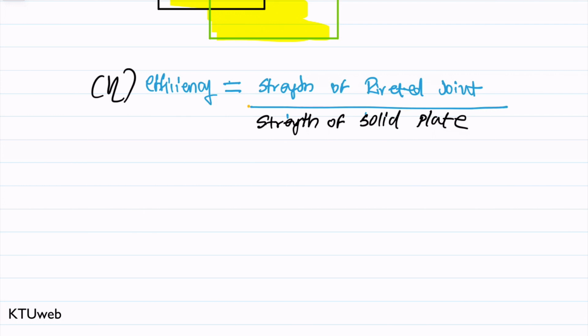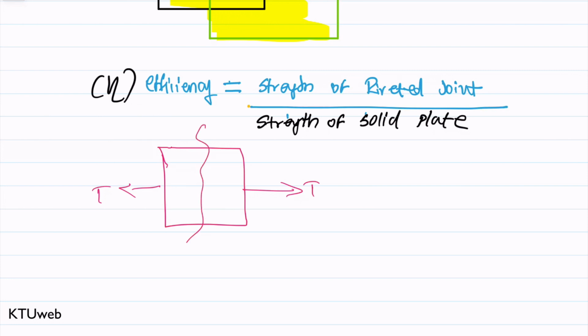The strength of the solid plate means, suppose you have this particular piece of solid plate, and upon application of some tensile load it may break, and that is what happens upon failure. The strength means the maximum force it can withstand on its cross-sectional area. So I am going to consider the cross-sectional area of this plate.